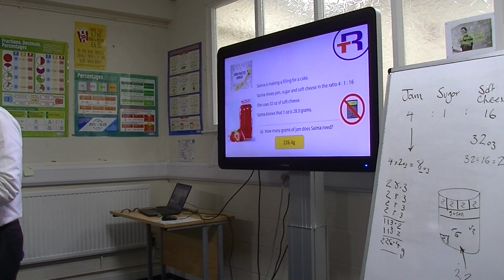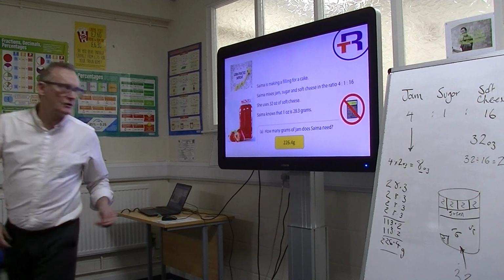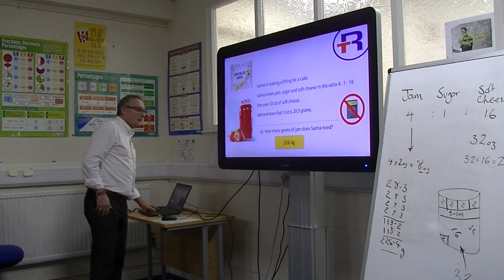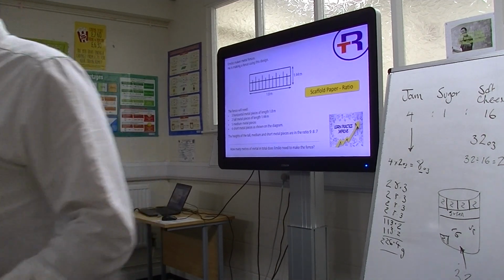Now, what I've actually done for you is put it down on what's called scaffolding paper, and basically, it's allowing you to talk through what needs to be done to solve that particular question. So have a look at that question. I'll put the big version on the screen here. Give you 5 or 10, 6 minutes to work it out.